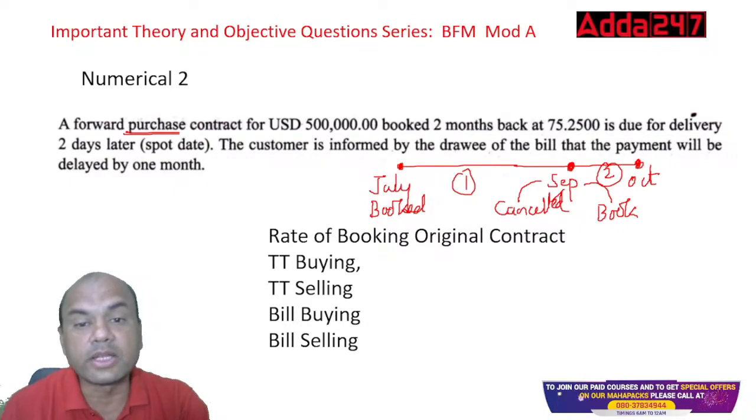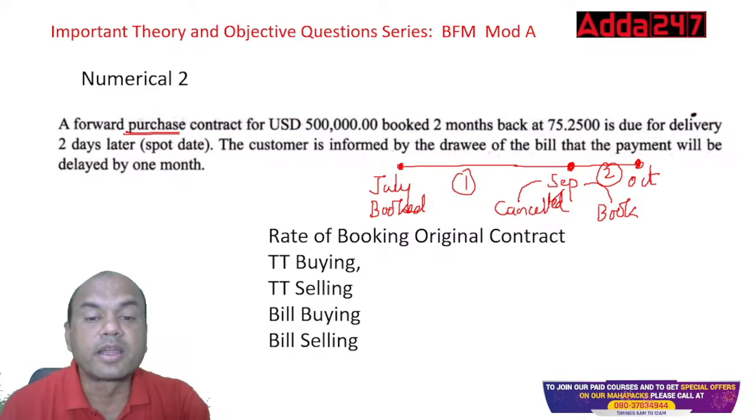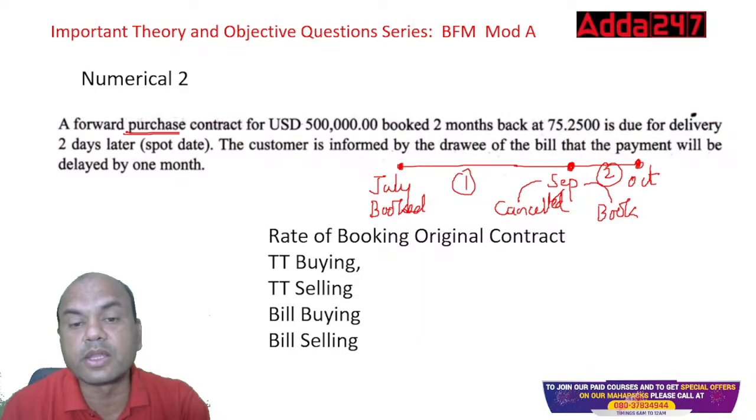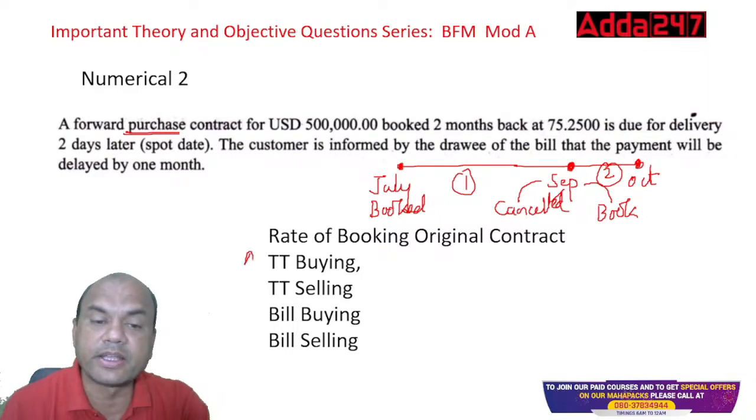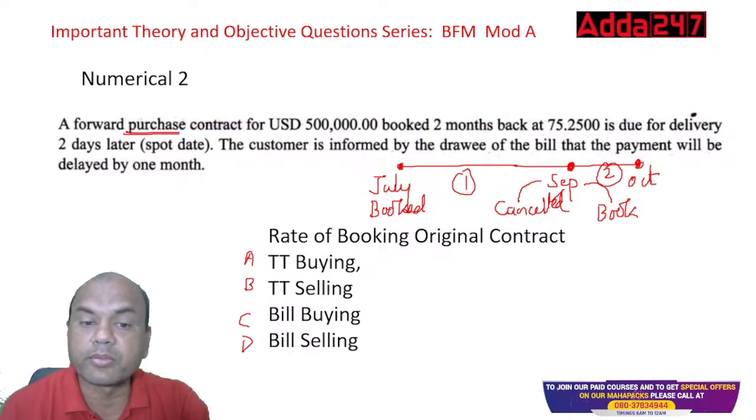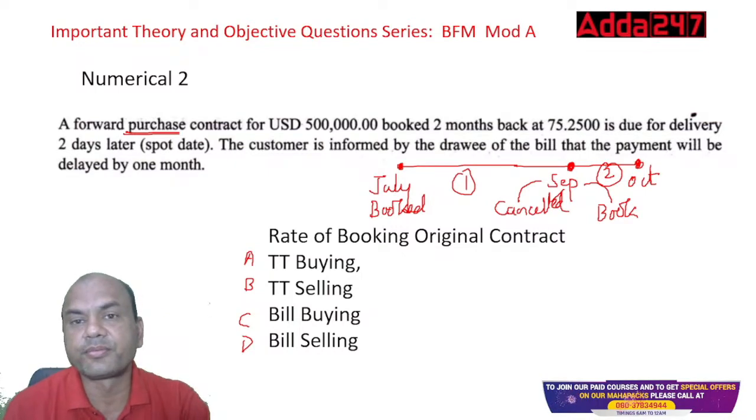Now let's look at it. What is the rate of booking of the original contract, when it was booked in July? Let's consider options A, B, C and D: TT buying, TT selling, bill buying or bill selling.